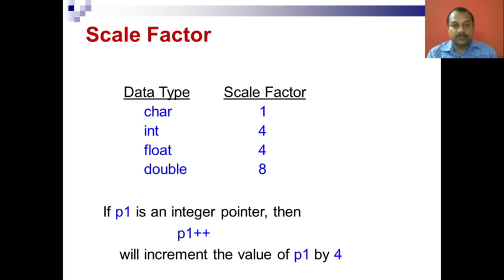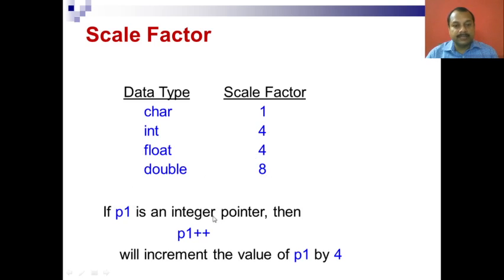For character it is 1, for integer 4, for float 4, for double 8, and I believe you are aware of this since you were introduced to the data types. This is the number of bytes required to store one character variable, one integer variable, one floating point variable, and one double variable.